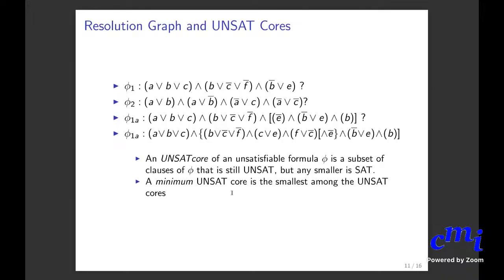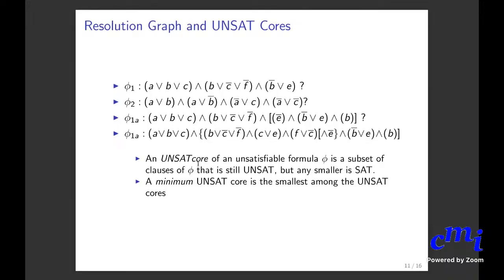The proper subset of the original set of clauses which are sufficient to show a contradiction is what is called an unsat core. There can be several unsat cores because there can be several different subsets contradicting with each other, resulting in the original formula being unsatisfiable. The smallest such subset is called the minimum unsat core. That is quite useful in verification.